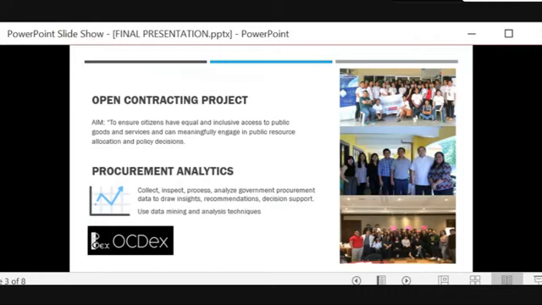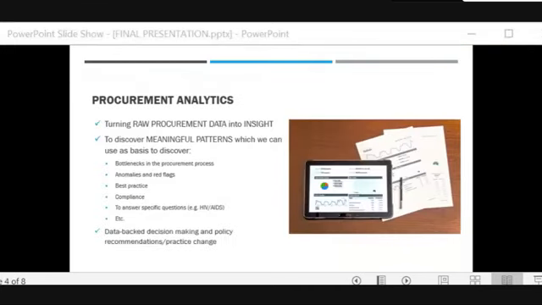So for this specific initiative, we look into procurement analytics. So what is procurement analytics? Basically, we use government procurement data, and we apply data mining and analysis techniques to answer various questions and come up with recommendations to improve government procurement and related activities.